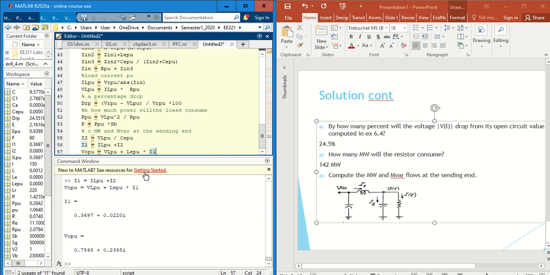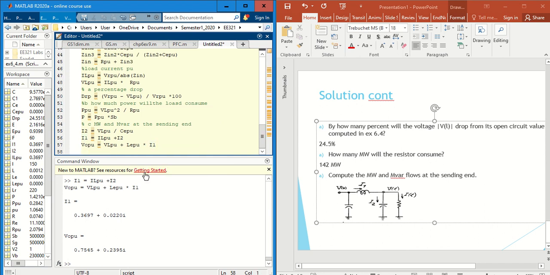Now we want to know the reactive power. Remember that the active power we've already computed, which is equal to 142. Reactive power would be the power on the inductor and the two capacitors.